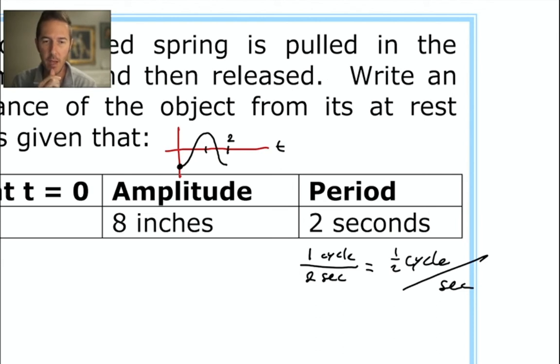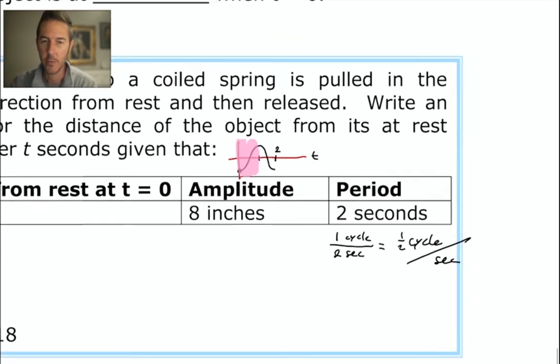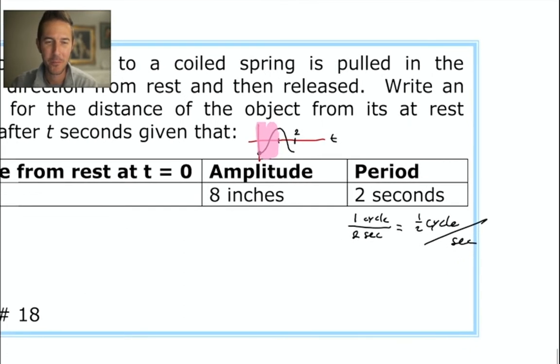In 1 second, how much of a cycle did we go through? How much of an oscillation? In 1 second, we only made it a half of a cycle. So that's frequency, or at least my attempt at describing the relationship between period and frequency.